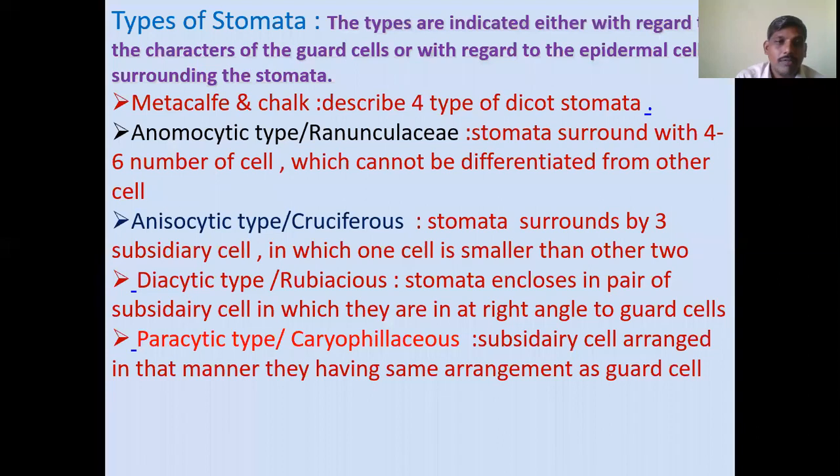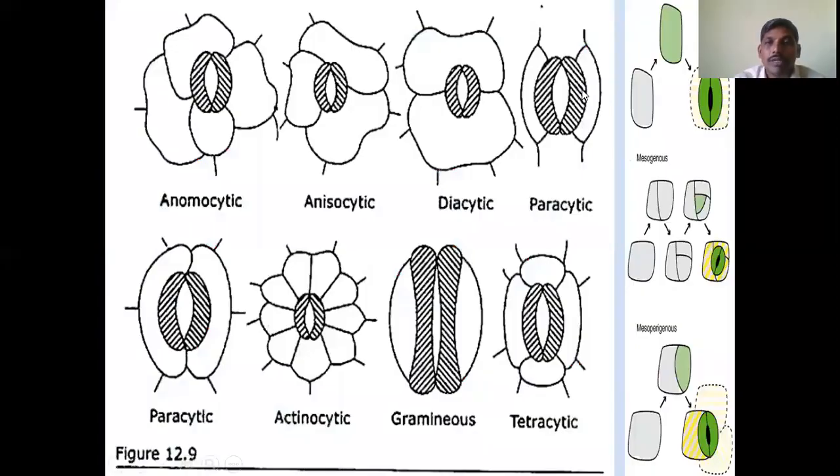The fourth type is paracytic or caryophyllaceous type. Here in this stomata, the subsidiary cells are arranged in the same orientation as the guard cells. Two subsidiary cells are exactly parallel to the guard cells. See here, the arrangement of the two guard cells and two subsidiary cells parallel to the guard cells.